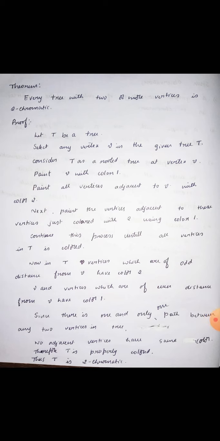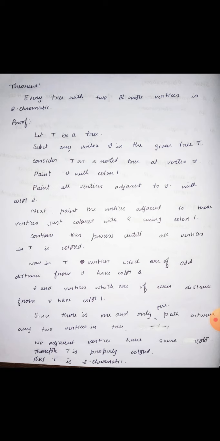Also we know that for every pair of vertices in a tree, there is one and only one path between them. That we have studied in the concept of trees. We have seen many theorems, and some of those concepts we are using here. Okay, we'll see the proof.